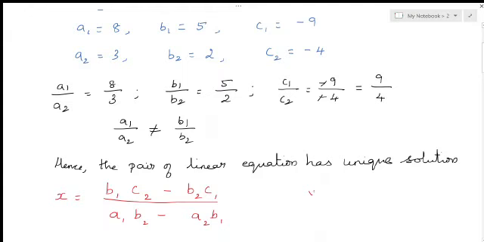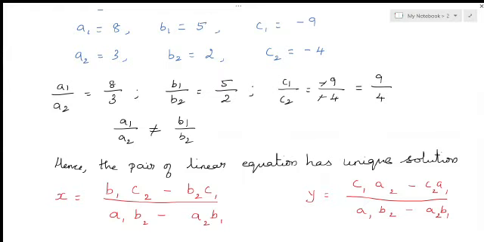To find out y, it is c1 a2 minus c2 a1 divided by a1 b2 minus a2 b1. So you know the values for a1, b1, a2, b2 and c1, c2.